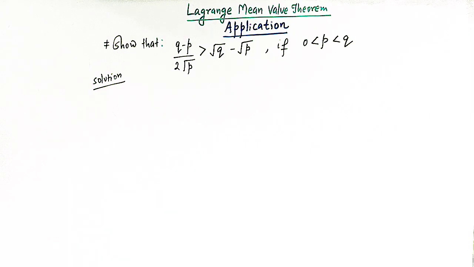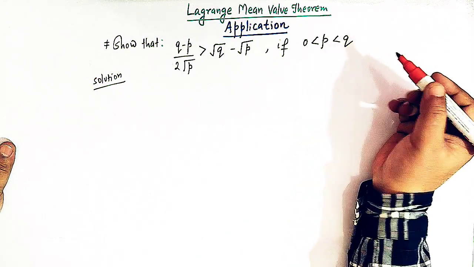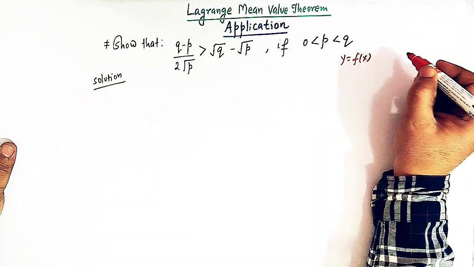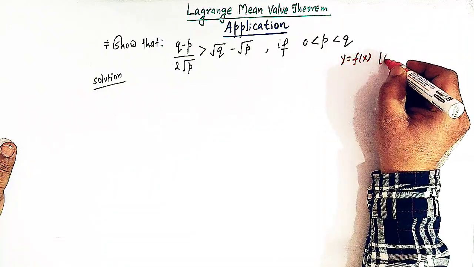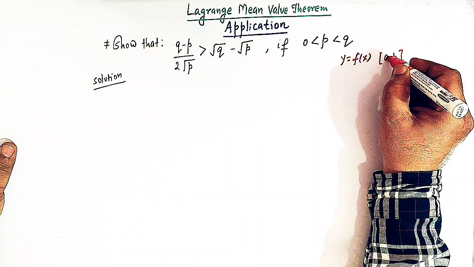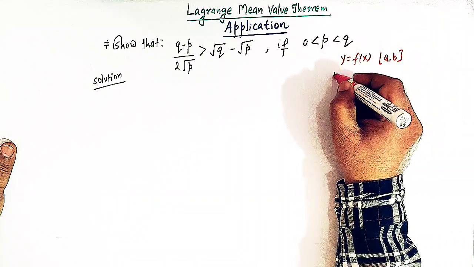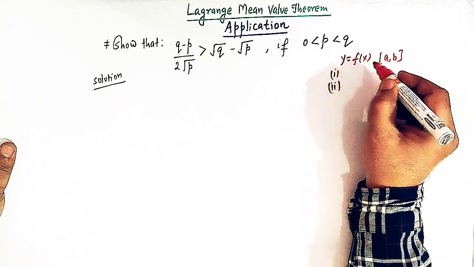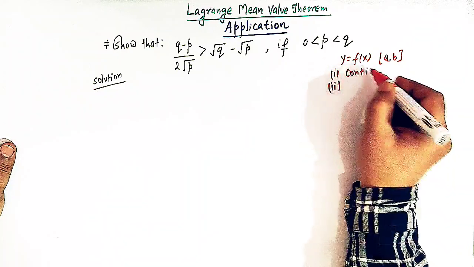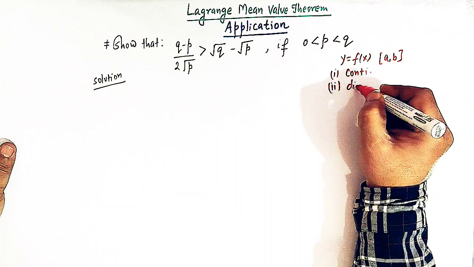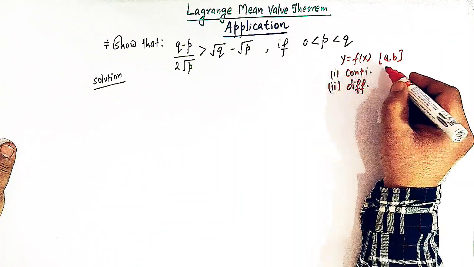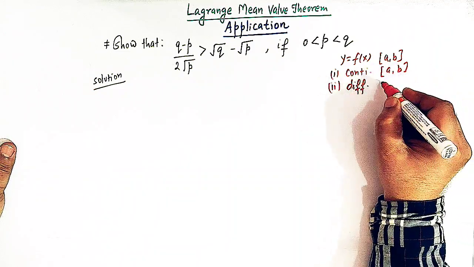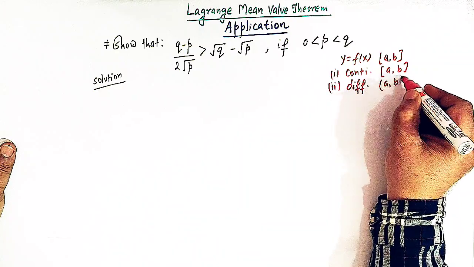If we have a function, say y is equal to f of x, defined in some interval a comma b, and this function satisfies two important conditions, that is, the function f must be continuous in the closed interval a comma b, and differentiable or derivable in the open interval a comma b.